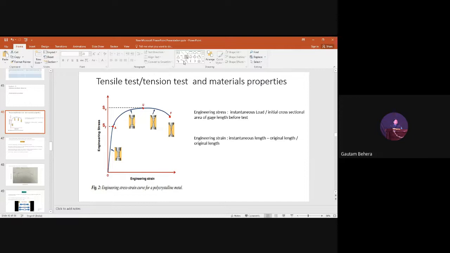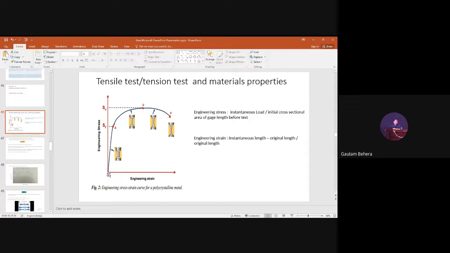So when we apply load on this tensile specimen, what happens? The gauge length will start elongating with increasing load value, and the cross-sectional area will decrease with time. But let me discuss this figure quickly.